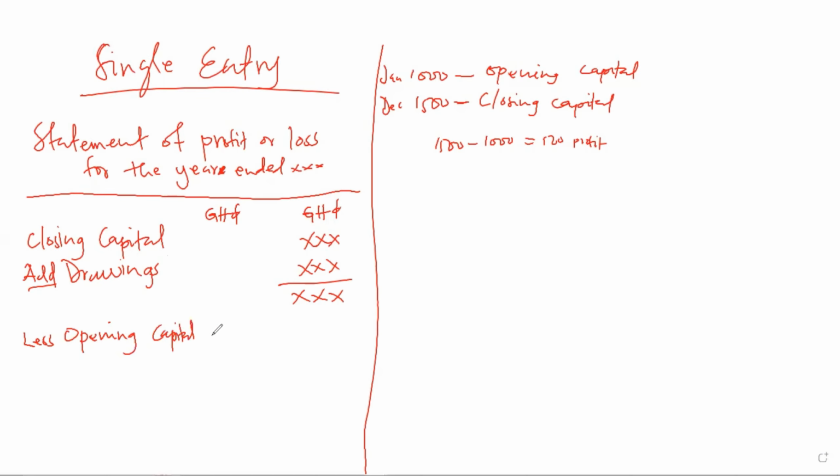But before we less the opening capital, if in the question there is an additional capital that was introduced within the year, we need to take it out to also know the true profit of the business at the end of the year. So if there is additional capital introduced during the year, we also have to less it.